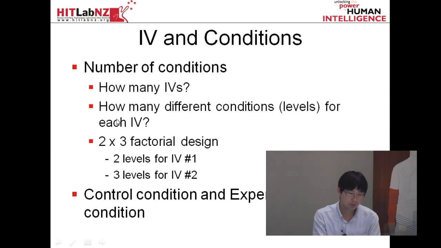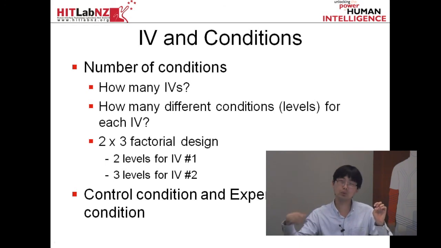So what you'll have to decide is not only the independent variable, but how many different conditions or levels you will have within one independent variable. So if you had three interfaces, A, B, C, and you had two different age groups, such as teenagers and elder people, then there are two independent variables. One is the type of interface, and the other is age group. The first independent variable, type of interface, has three levels, right?